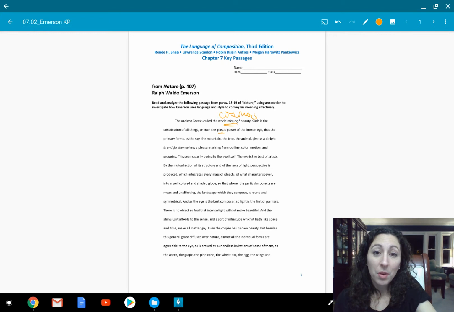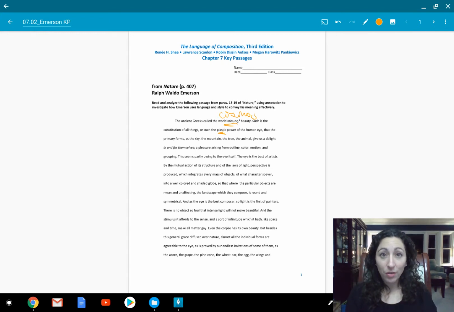Now, I want to draw your attention to that word plastic for a moment, because we are used to thinking about plastic as a material. But in this case, Emerson is actually using the older form of the definition, meaning a material that is malleable, that can change or adapt, right?